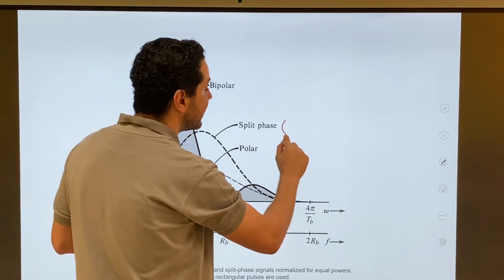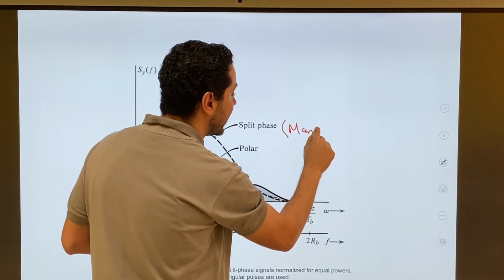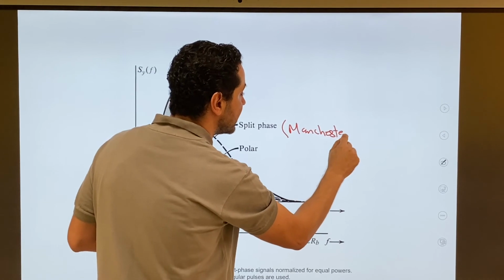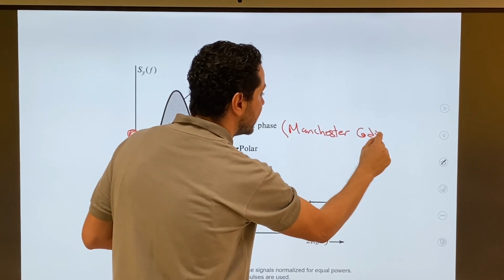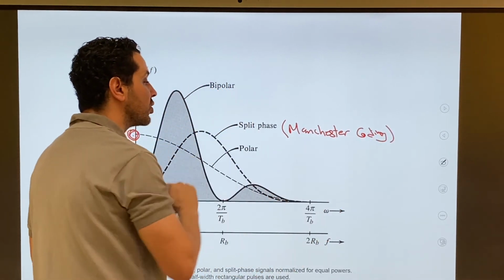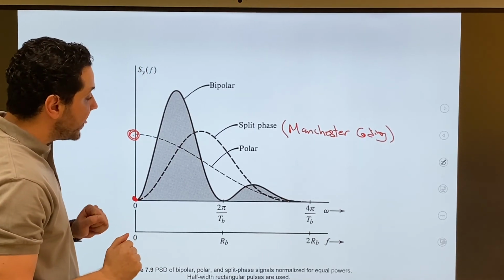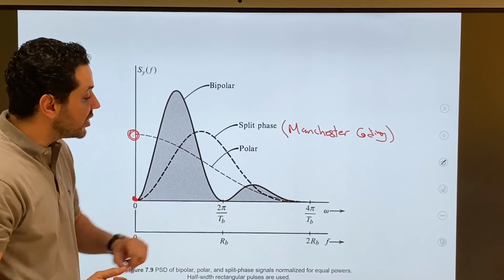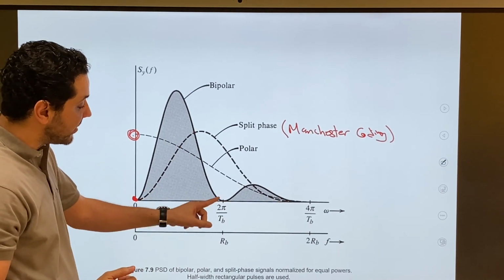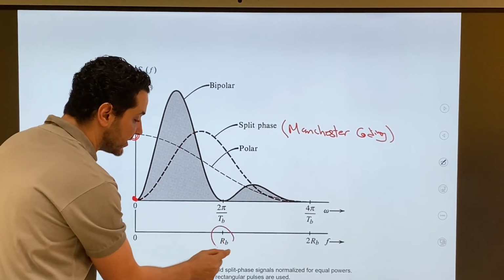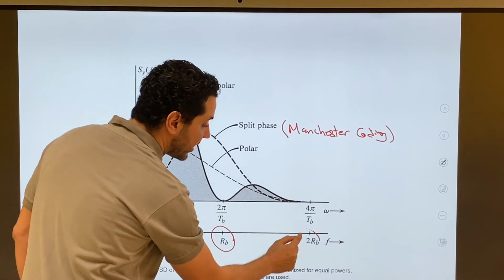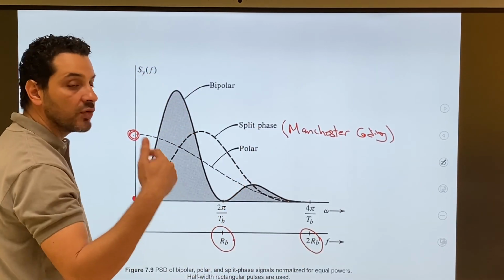The split phase here is the same as the Manchester coding that we discussed before. It also satisfies the 0 DC. However, the split phase has larger bandwidth than the bipolar. The bipolar's essential bandwidth is RB, compared to 2RB in the case of polar, on-off, and split phase.